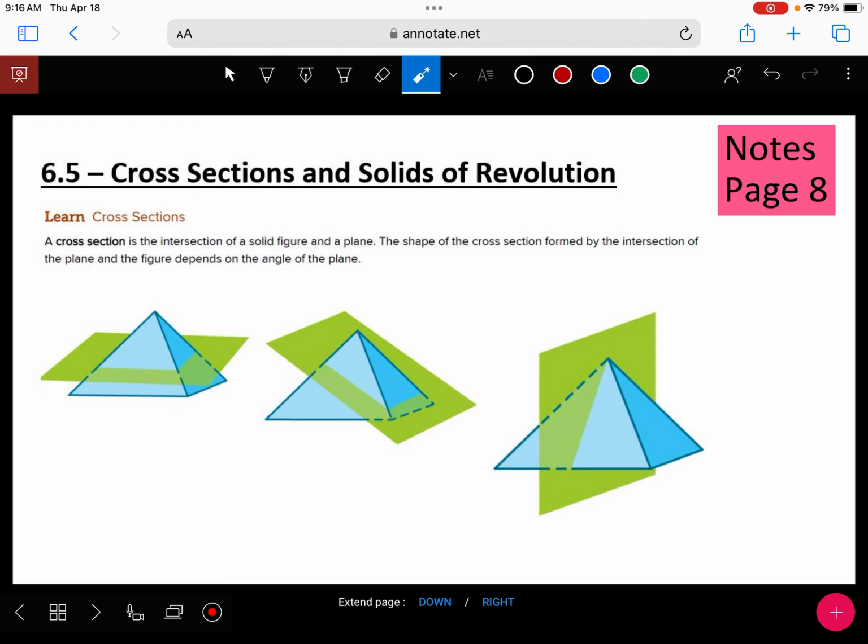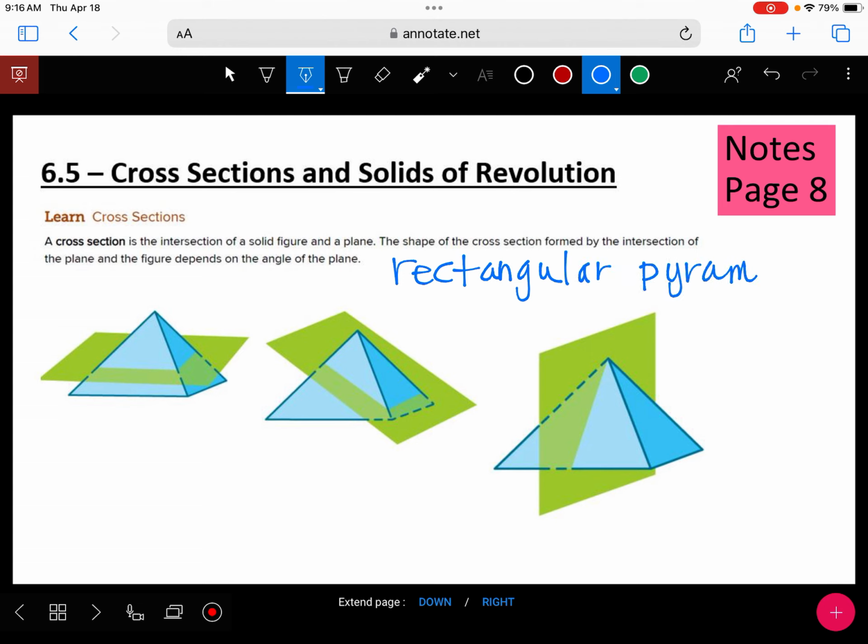Well, this one, because this is a rectangular pyramid, if we were to put a plane and go straight across, the shape that we would see is going to look like a rectangle. So we can have a rectangle. And if it was going straight up and down, it would look like a triangle.